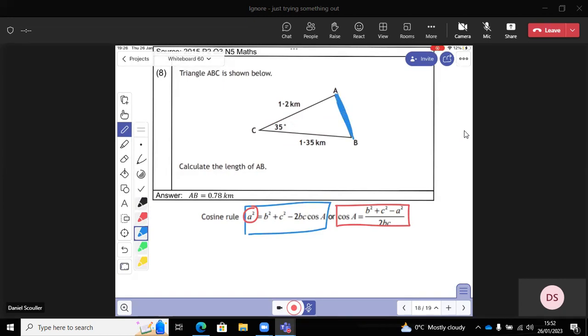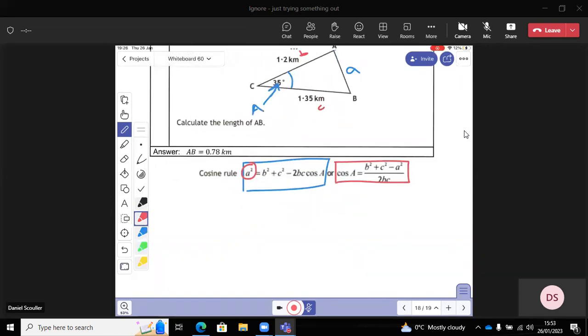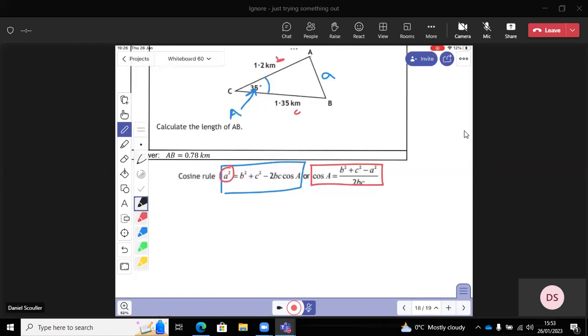So when we label it up, that side has to be A. That means the 35 degrees that we're given is angle A, and the rest we label up B and C. When you're looking for a side, use the format that allows you to work out the side.